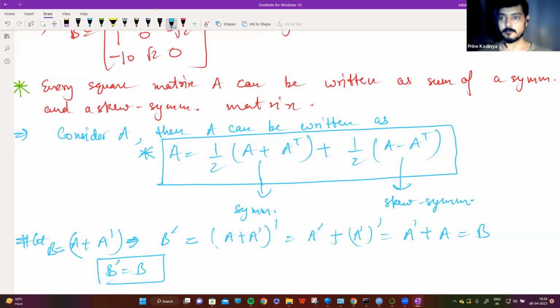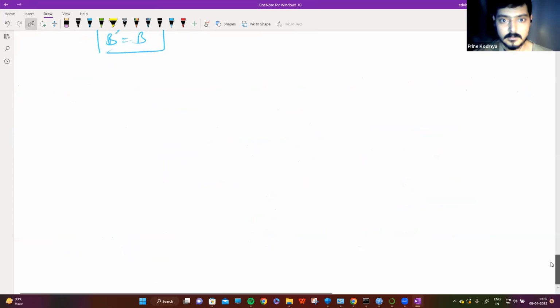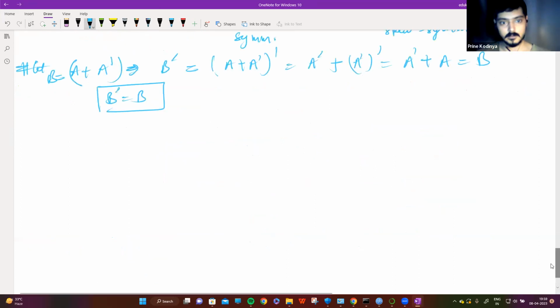Similarly, if we subtract the transpose of a matrix from the matrix, then it will become skew symmetric. Just check that fact out as well. We've already established that A plus A dash is a symmetric matrix. Now let's take this as matrix C, A minus A dash. Then C dash would be A minus A dash whole dash.